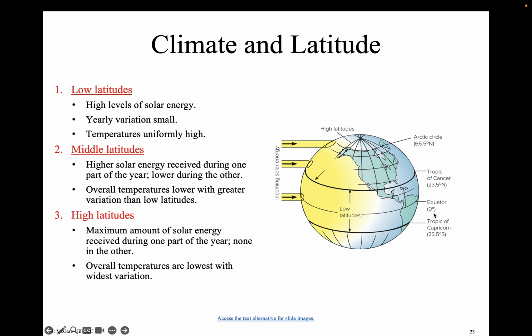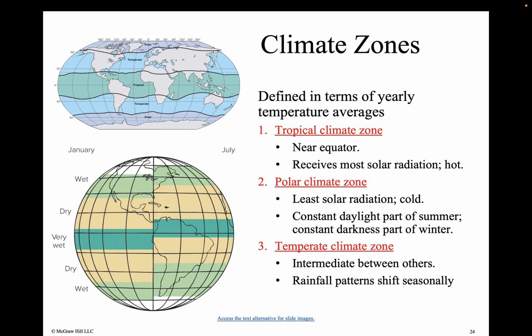Okay, so as you can see, we have some climate zones that are determined by these differences in the amount of solar energy that we receive in these latitudes. In general, because of these 3 low, middle, high latitudes, we can define essentially 3 climate zones. Even though we're defining 3 climate zones, there are smaller local patterns, so this is not set in stone and these things can change.